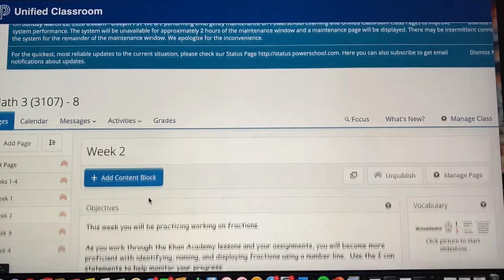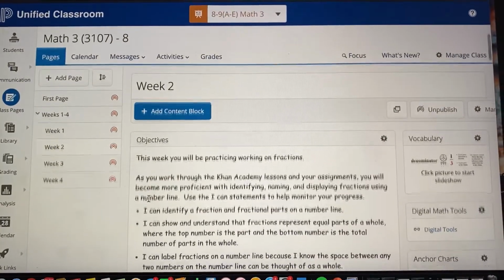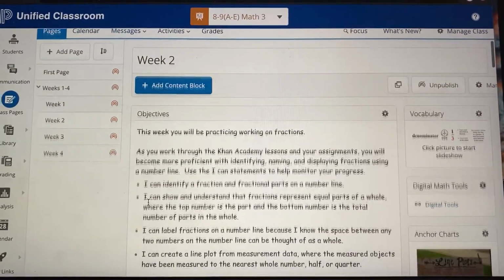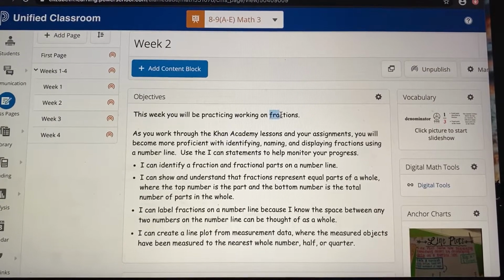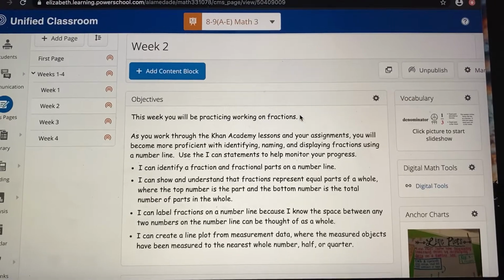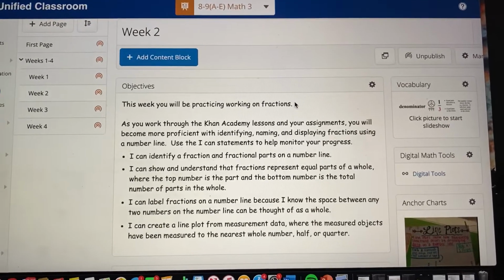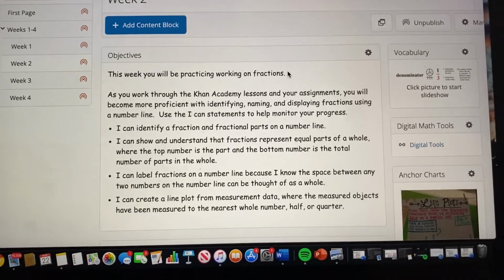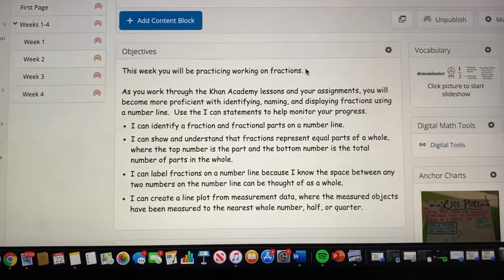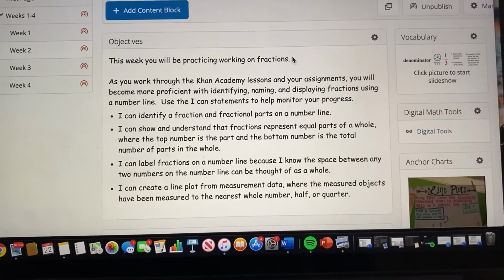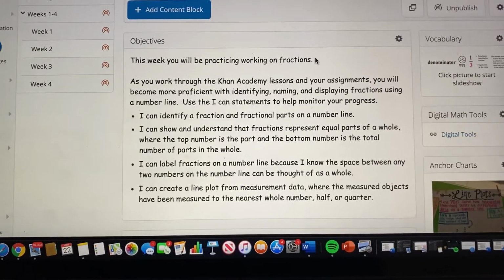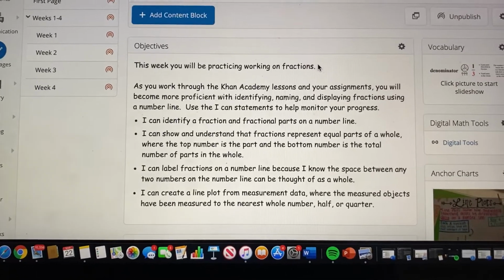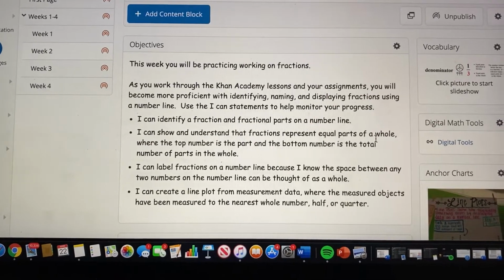Alrighty, now you guys are having it easy today, okay? We are working on fractions. So if you guys have your fraction flip book that we made together, I would definitely pull that out for this assignment. If you want to read what you are going to do this week with fractions, you can definitely read this whole thing if you want to.